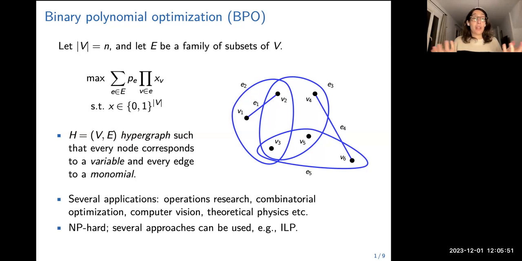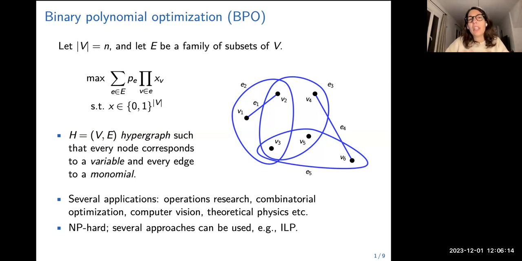Now, this problem is very general, and therefore several applications can be modeled through it, from the more classical ones in OR and combinatorial optimization, to some more curious ones, like in image restoration, in computer vision, or even in theoretical physics. Not very surprisingly, this problem is NP-hard, as it is even when you have a quadratic function.